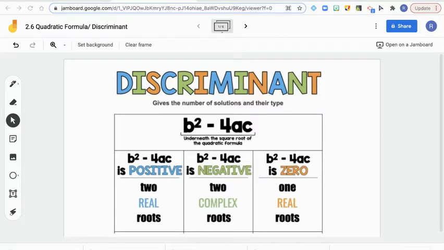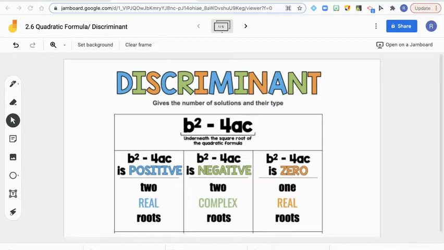And so make sure that you have this information down in your notes. If you're using those student note sheets, they are already there. But there's really 3 different options of what that value could be equal to. When you take your equation and you find b squared minus 4ac, it can either be positive, meaning there's 2 real roots.